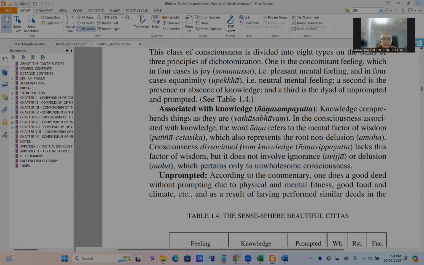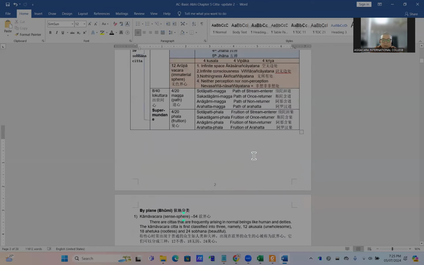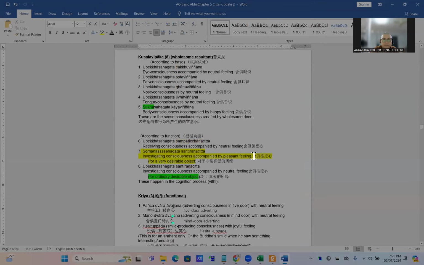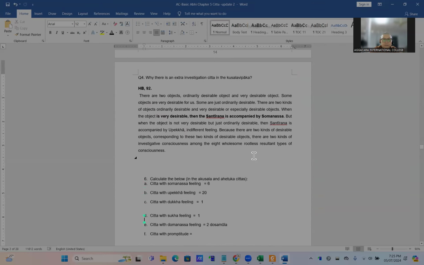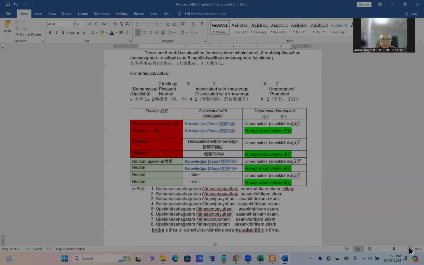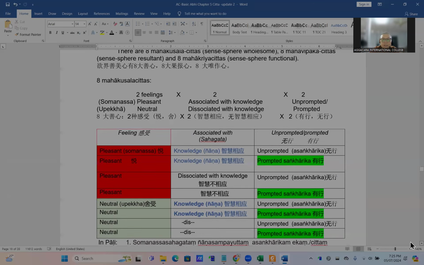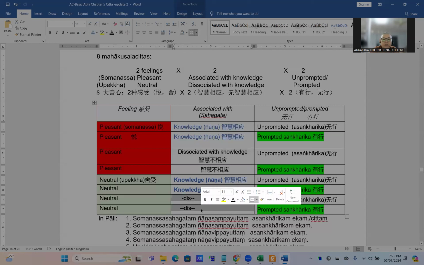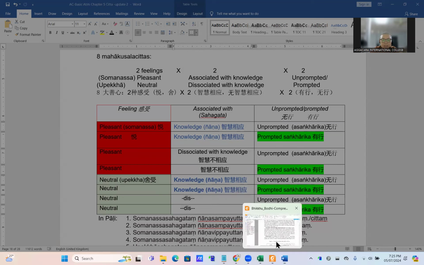So this citta, the one you will see just now, that is associated with knowledge, they have nothing to do with ignorance or delusion. It's just that they don't have knowledge only. Okay. So make sure you are clear about this.